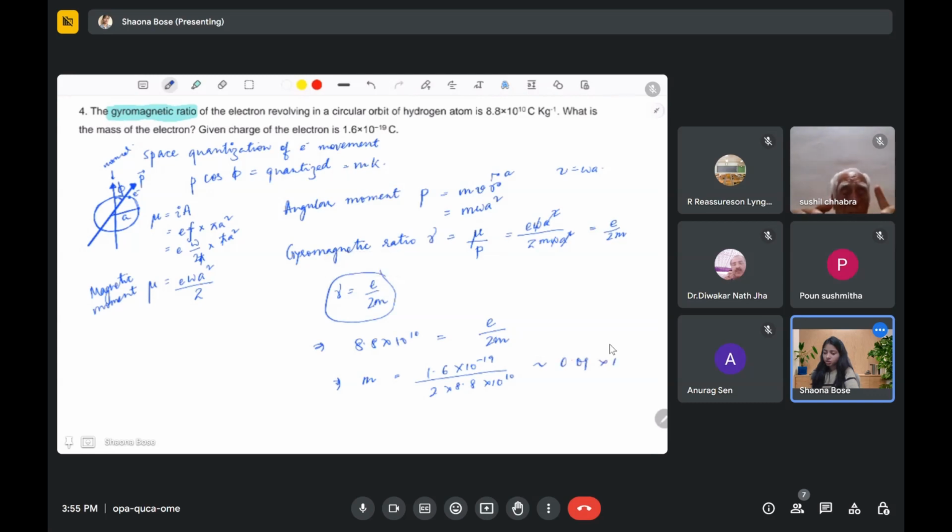And what I have here is 0.09 into 10 raised to the power minus 27 kg. So this is my answer.